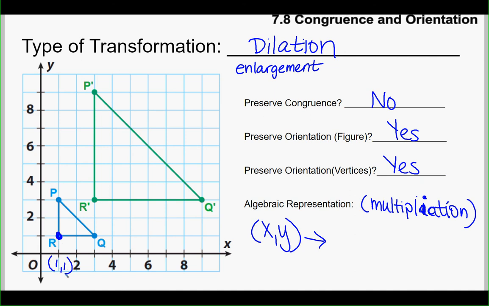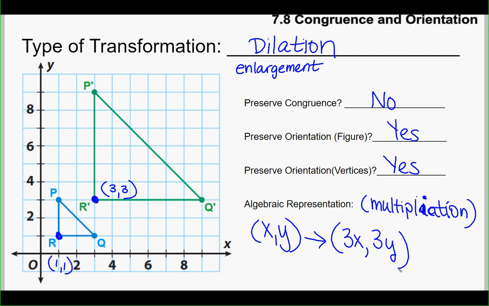And what does R prime become? 3, 3. So how do you go from 1 to 3 multiplying? Times 3. So we're going to do 3 times the x value and 3 times the y value.